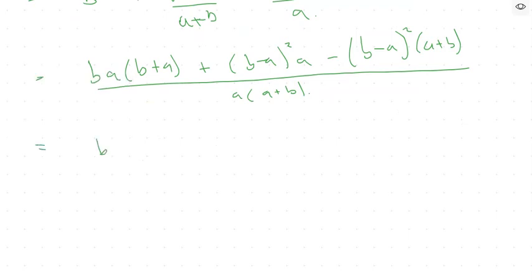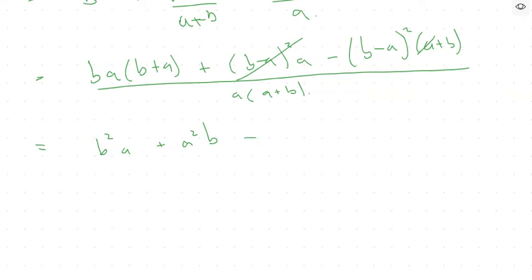Okay, so we've got B squared A plus A squared B. Actually, this cancels with this one, because they're both A and then (B minus A) all squared.